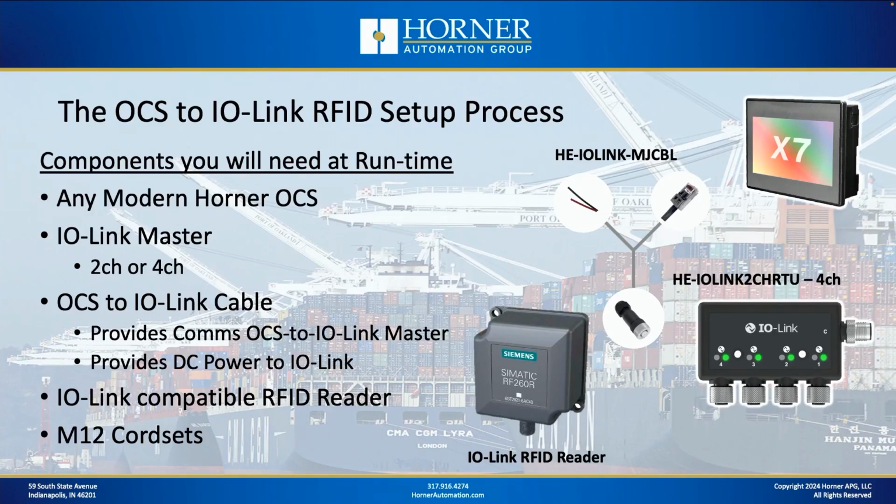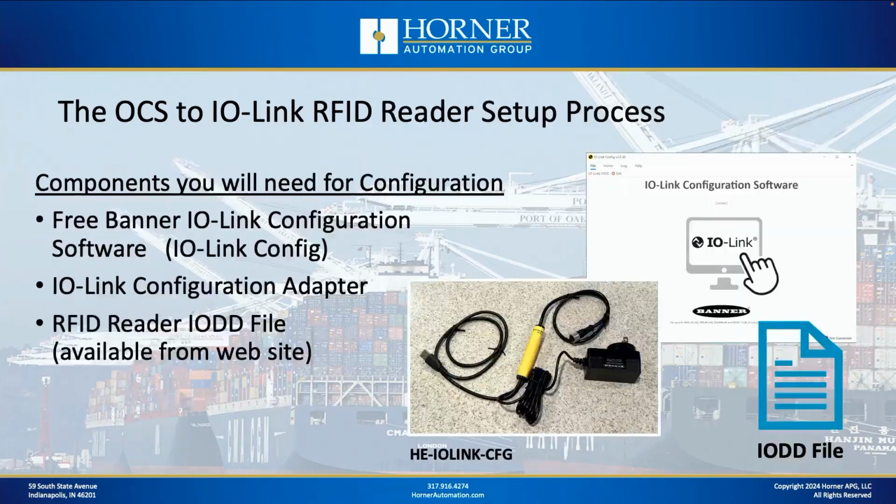Today, we're going to be using the one that Corey selected, and that is an RFID reader from Siemens. And then to interconnect everything, you're probably going to need a series of M12 cord sets because IO-Link has been designed really around using standard sensor actuator type cabling to interconnect everything.